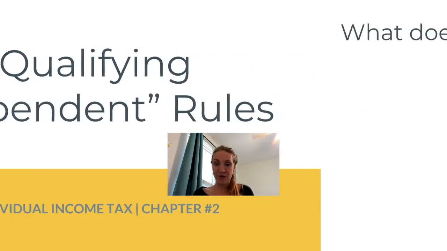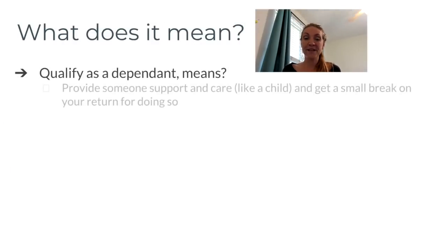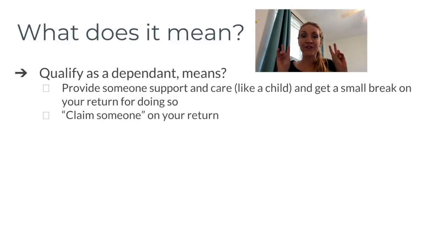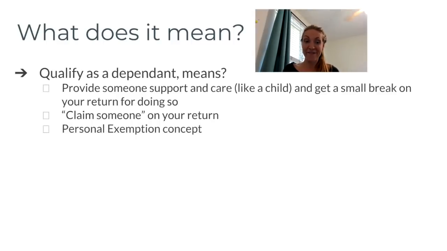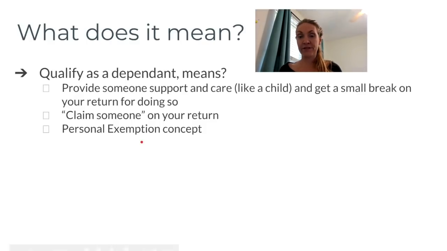Qualifying dependent rules. So what does it mean to have a dependent? A dependent means that you take care of someone, you support them, and so therefore you get a benefit on your tax return for doing so. Essentially, it's called claiming someone on your return. And we actually no longer have this, but it was called the personal exemption concept, which was that everyone got a personal exemption of what would have been this year $4,150.